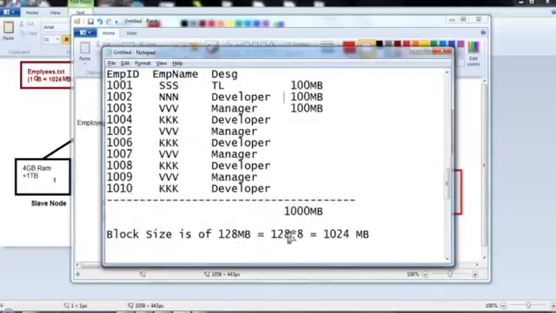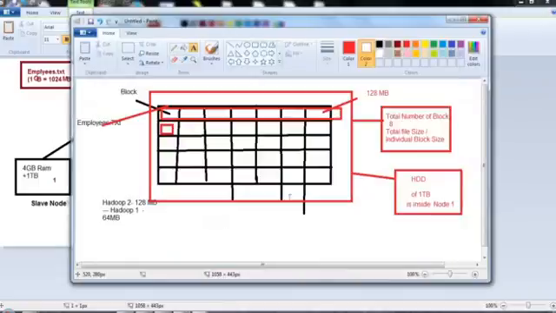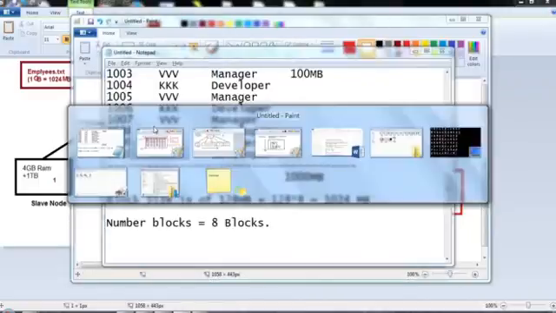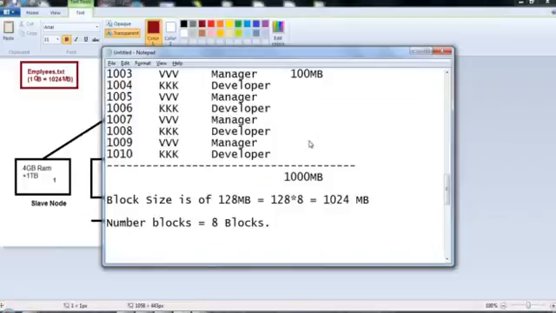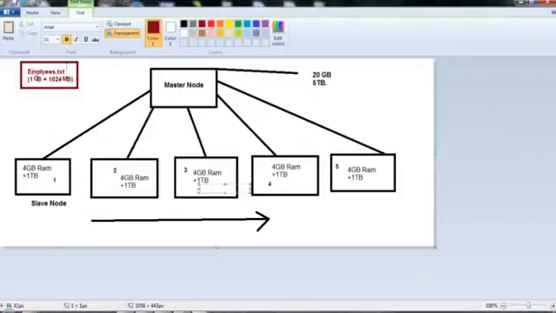Then we understood the terminology, like what we mean by cluster and what we mean by node, and how a file, say 1 GB, which is nothing in the field of big data, where we deal in petabytes and zettabytes, actually resides on a node.